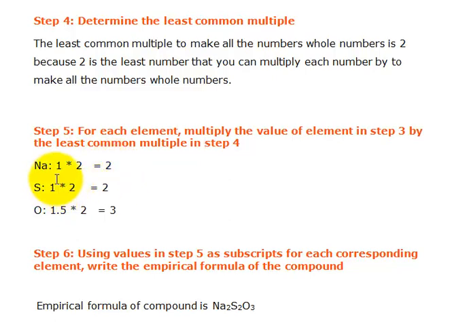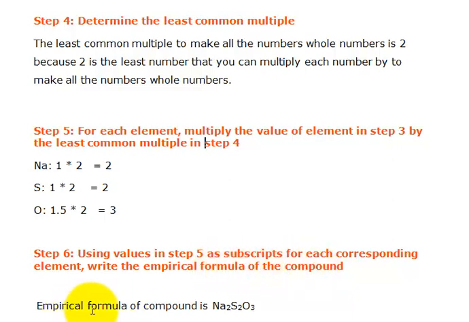For sulfur, we need to multiply 1 by the least common multiple 2, and the value is 2. And for oxygen, we need to multiply 1.5 by the least common multiple, which is 2, and the value is 3.